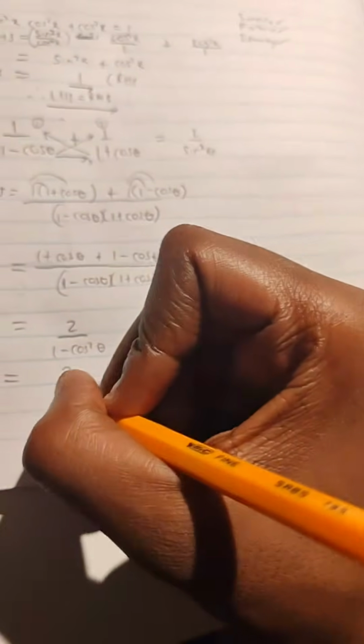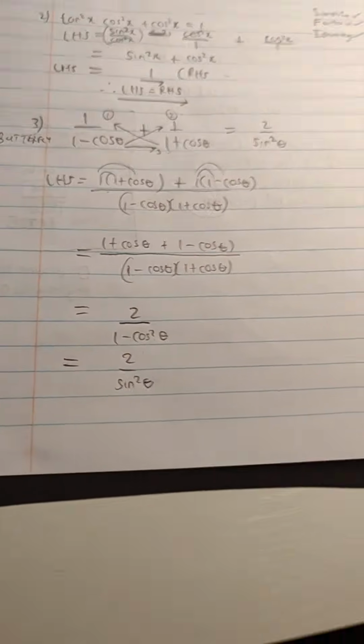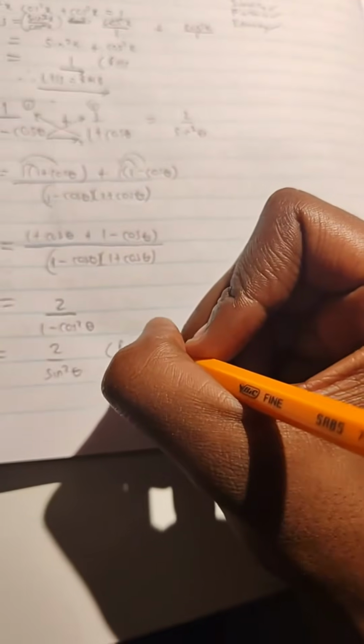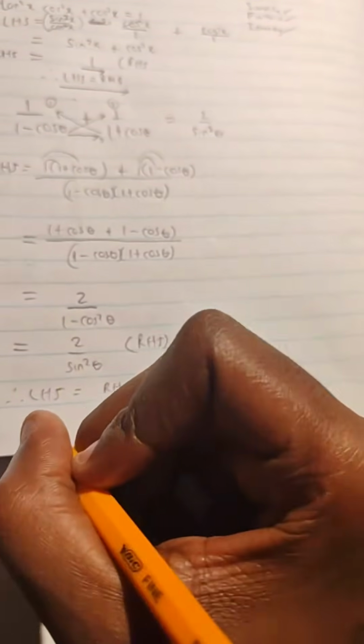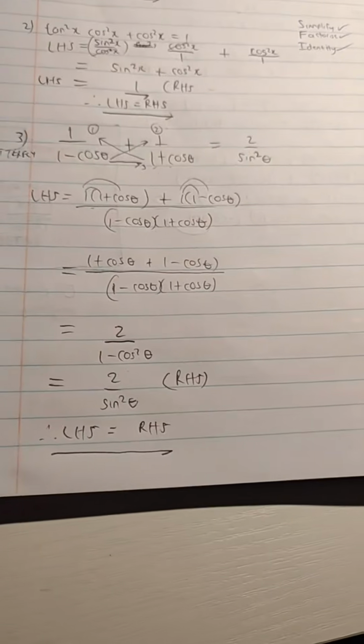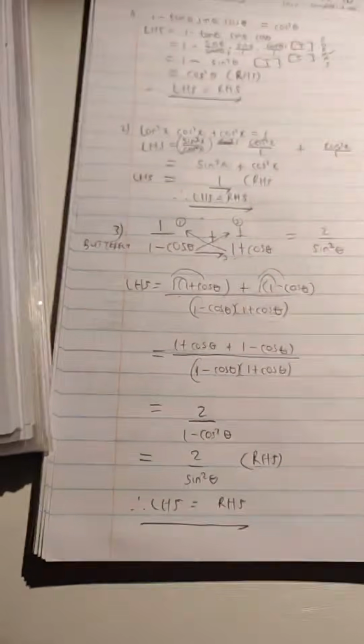So we have 2 over sine squared theta. This is our right hand side, guys. So our left hand side is truly equal to our right hand side.